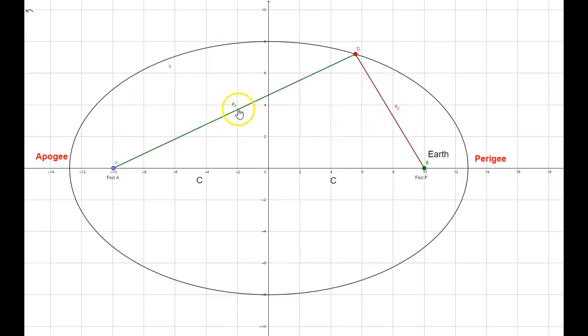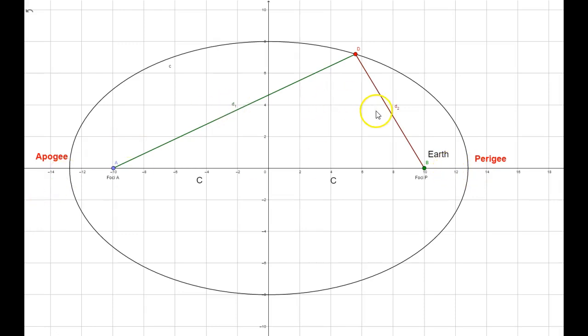As you can see, the sum of D1 and D2 is equal to the total length of the ellipse along its major axis, which is 2a. So from the center of the ellipse to apogee, and from the center of the ellipse to perigee, the total distance is 2a.